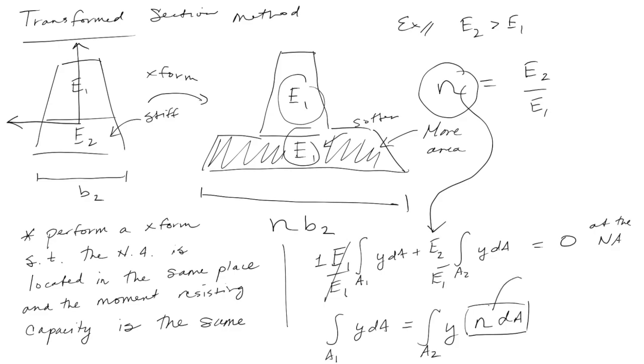And notice what's happened here: in order for these two equations to be equivalent, you need to scale the area dA by n. But you need to scale it in the horizontal direction, meaning that it gets bigger, because if you made this long and skinny, it would change the location of the neutral axis.